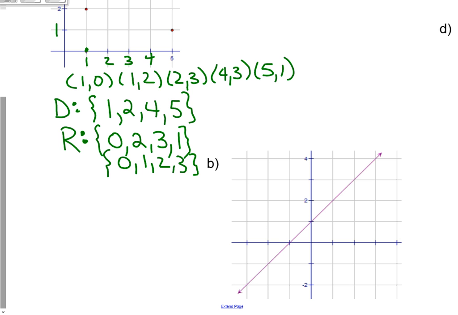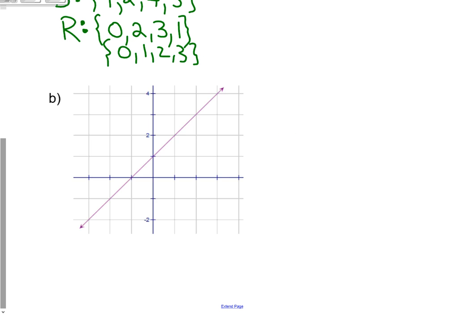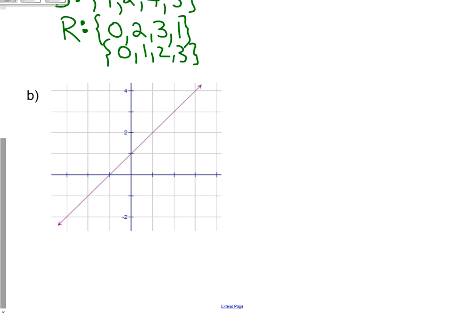All right, but what if your graph looks something like this? Well, as we can see, we have a linear line, and this line extends forever in each direction. That's what the arrows mean on the end.